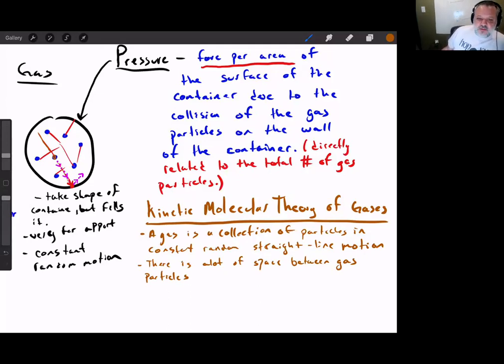We talked about how the particles themselves have a very, very tiny volume compared to the volume of the container. This is another way to say that there's a lot of space between the particles. One of the consequences of this is that it's compressible.